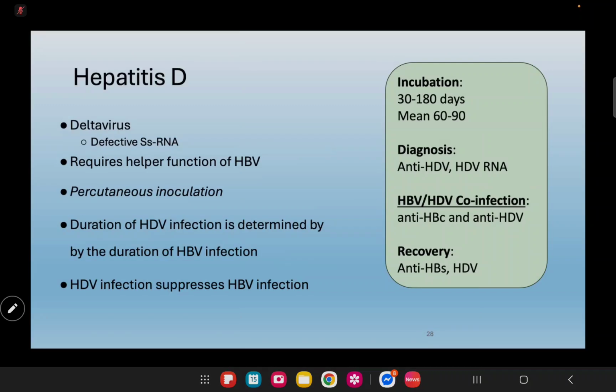And the duration and severity of hepatitis D infection are determined by the presence and activity of hepatitis B virus infection. So if you're asked what kind of virus is hepatitis D, it's not an independent virus, but a defective virus. Defective because it depends on the hepatitis B virus.